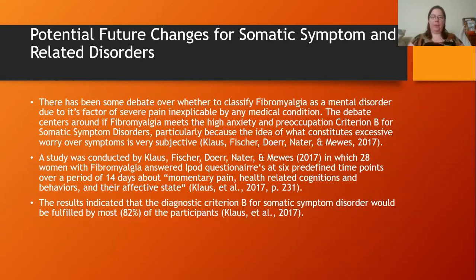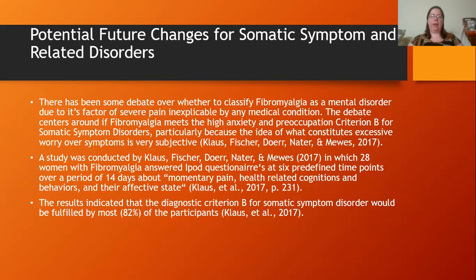They would be asked questions about momentary pain, health-related cognitions and behaviors, and their affective state, their mood. This went on for about 14 days, and then they reported back to the lab, did some more questionnaires, and the study was basically done. They looked at the results and evaluated them.